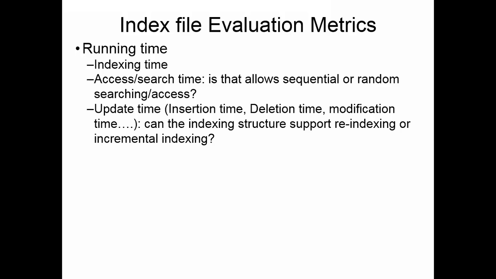We need the searching to be as fast as possible in identifying relevant documents. For that purpose, we need a good index file that runs faster during indexing, during searching, even during updating.